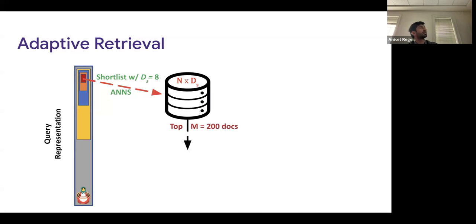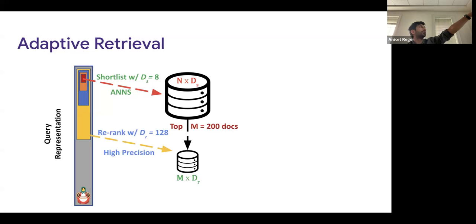And then what you can do is re-rank to get the top 200 documents, and then use, say, a slightly larger embedding to do that re-ranking. This shortlist with low and re-rank with high is a hack you can do to avoid the cost of doing the entire matrix multiply at the largest scale.